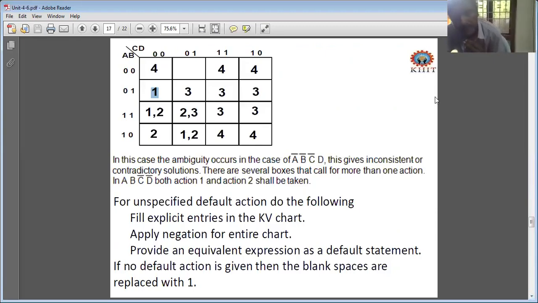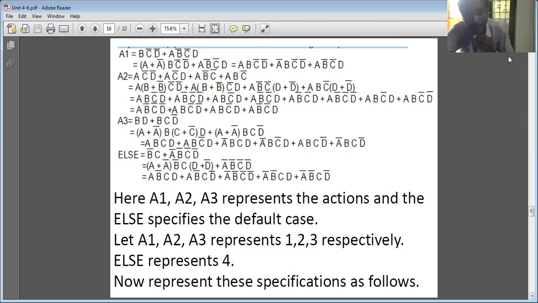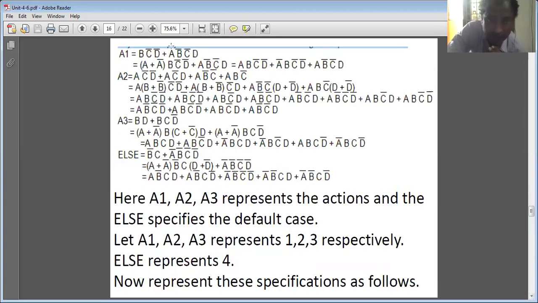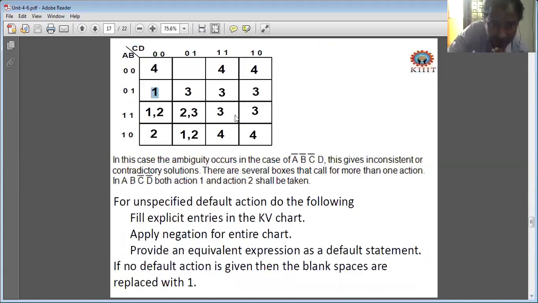Where is it going to occur? By taking these values, A, B, C bar, D bar, A bar, B, C bar, D bar, specify here. The first one you take as 1, A2 as 2, A3 as 3, and else as 4, and place them correspondingly here.